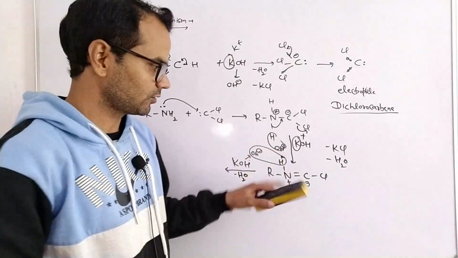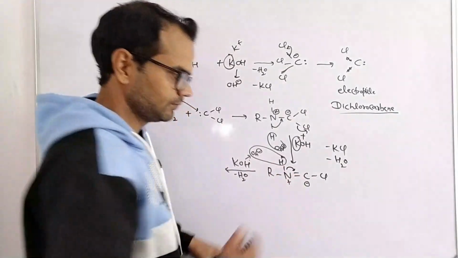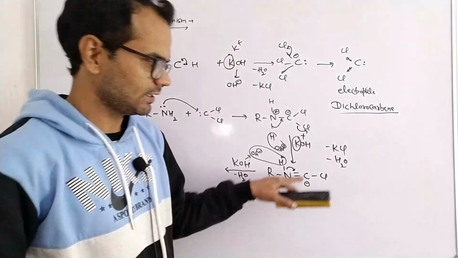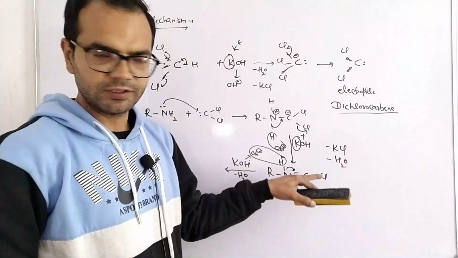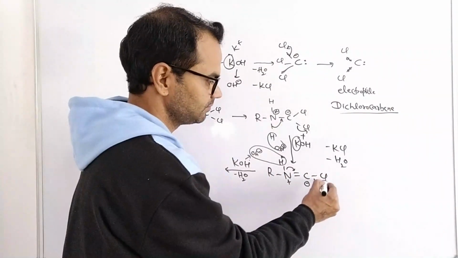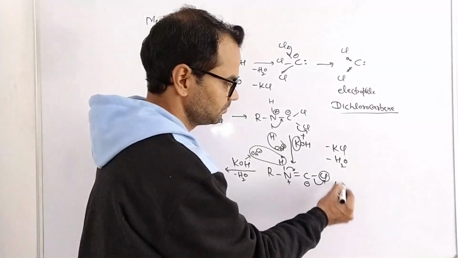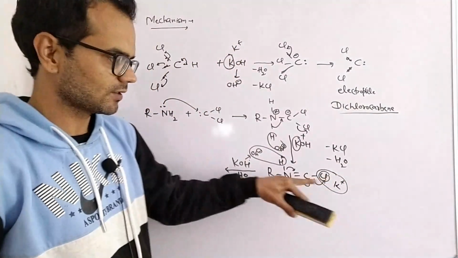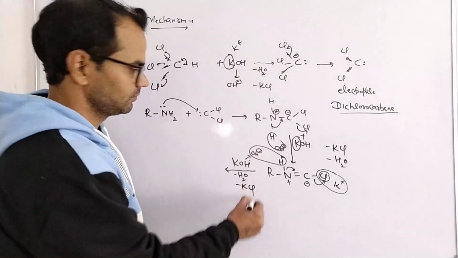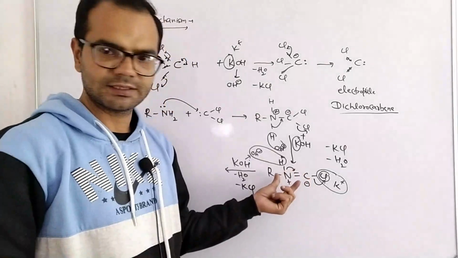So the electrons of the nitrogen-hydrogen bond will move towards this carbon. Again due to increased charge density, chlorine will again play the role of a leaving group. It will eliminate from here and it will react with the potassium. So KCl is formed, KCl is also eliminated. So again there will be bond formation. So the remaining structure we will have is this.